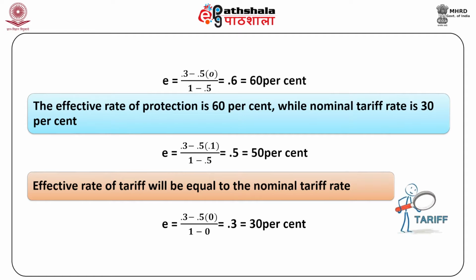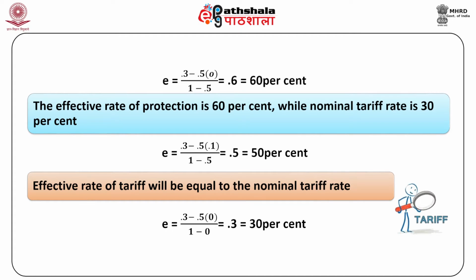Now suppose a tariff of 10% is imposed on imported inputs. Then effective protection will be E = (0.3 − 0.5 × 0.1) / (1 − 0.5), which will be equal to 0.5 or 50%. If alpha is 0, that is, all the inputs are indigenously produced and no imported inputs are used in production, then the effective rate of tariff will be equal to the nominal tariff rate.